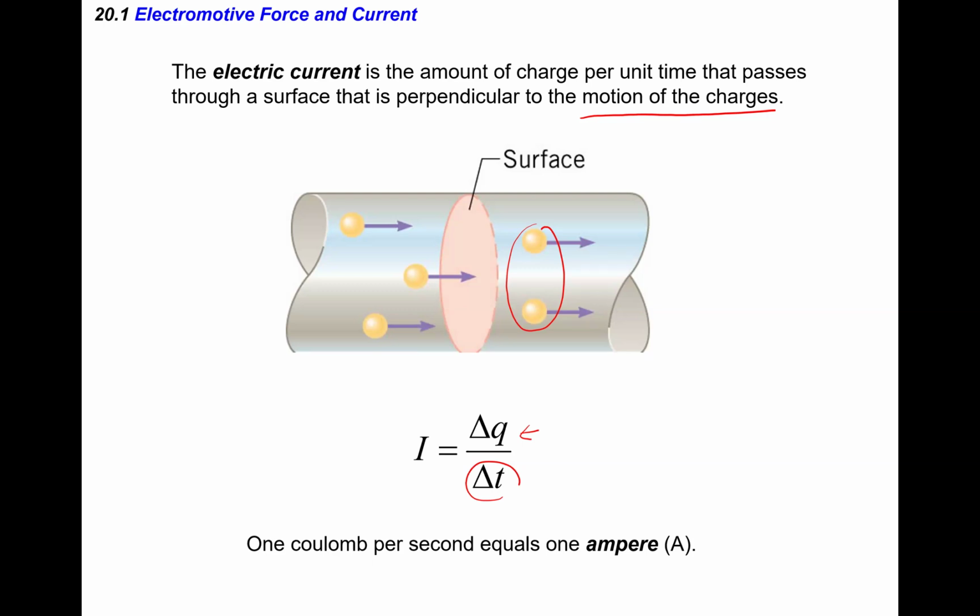So the charge divided by the time is the current. Motion takes time, and it's the motion of the charge. And the unit for current is the ampere, so we use A to represent it.